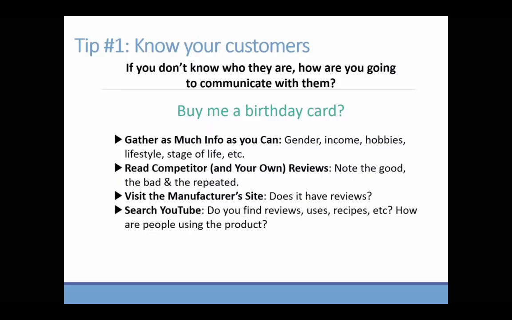Go to YouTube and do a search for products like you're trying to sell. Some things that you might possibly find related to it are reviews, uses, demos. If it's food related, you might find recipes or kitchen demos where people are actually cooking using the kitchen product to make the recipe.